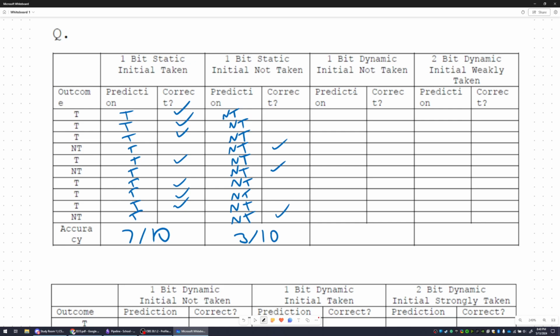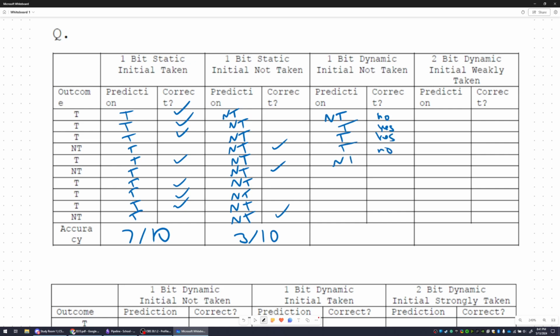And then this one is dynamic 1 bit, not taken. So we start with not taken. Was it correct? No. So we flip to taken. And then this is correct. So yes. Taken, was it correct? Yes. Taken, was it correct?